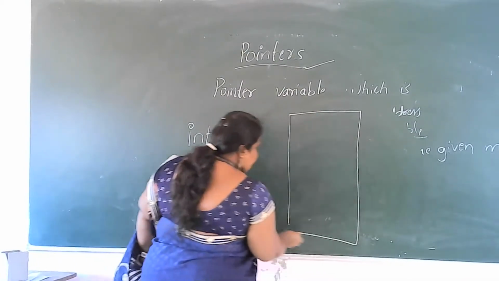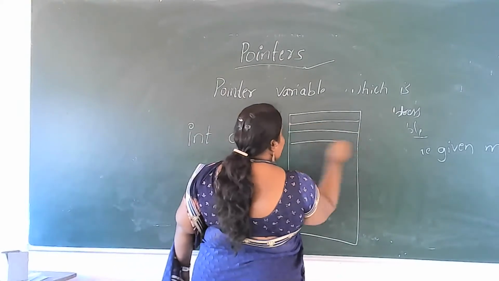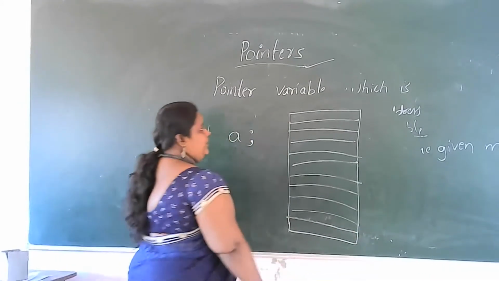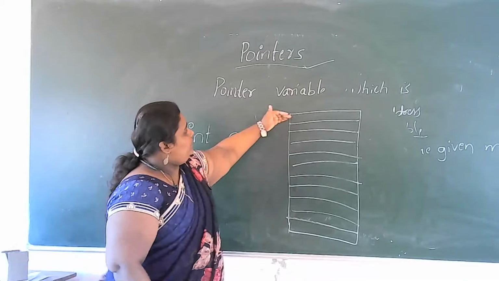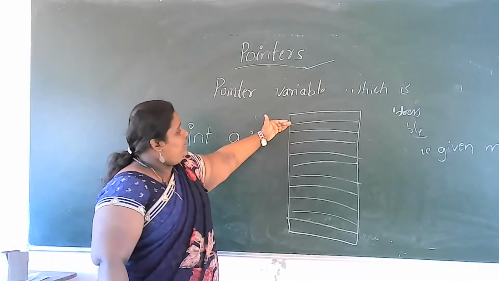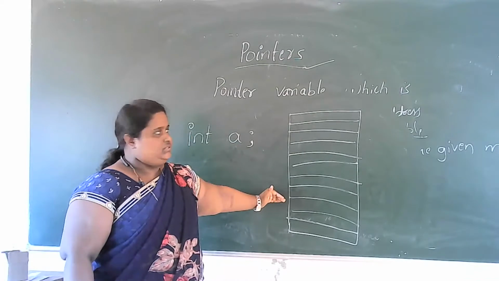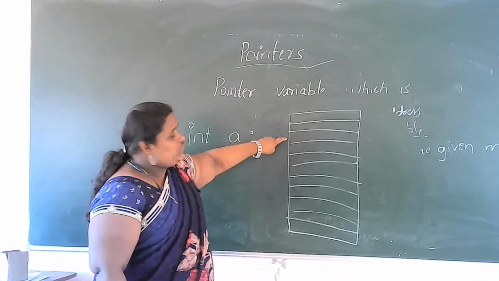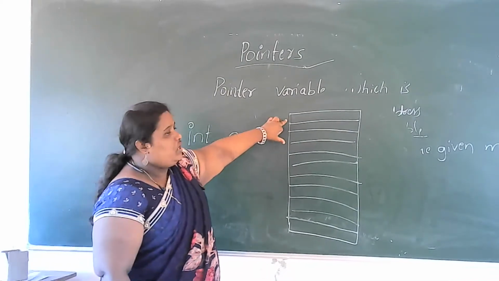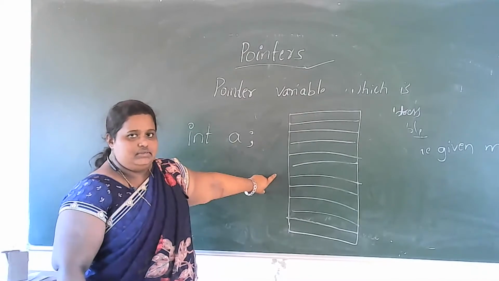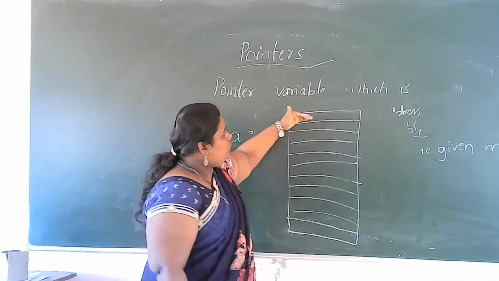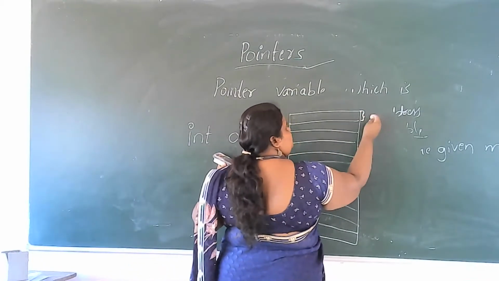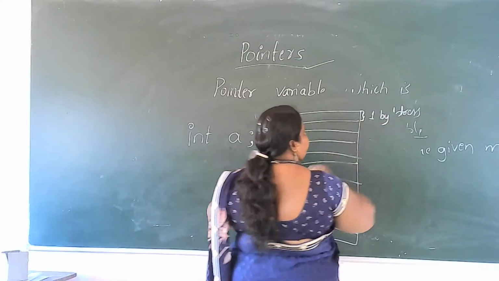Consider this as your computer memory. Computer memory is divided into a number of continuous blocks. Each block is of size 1 byte.